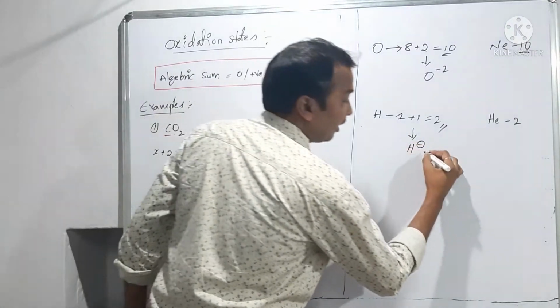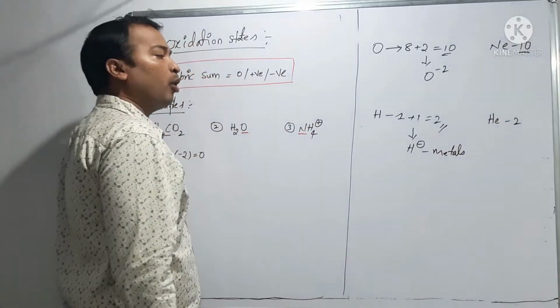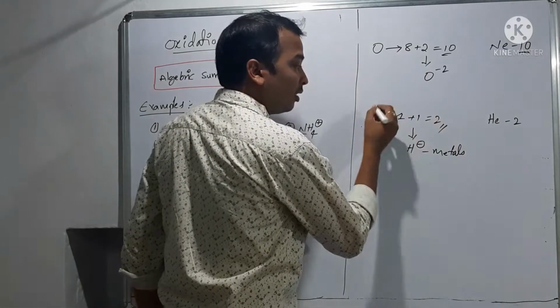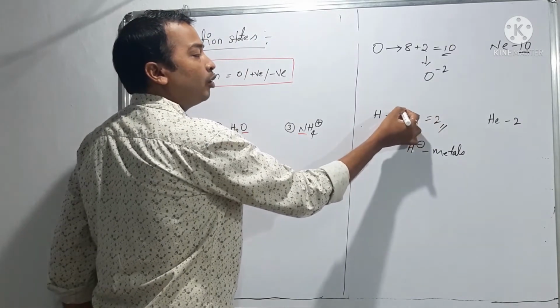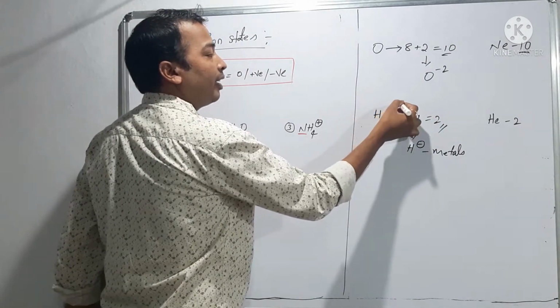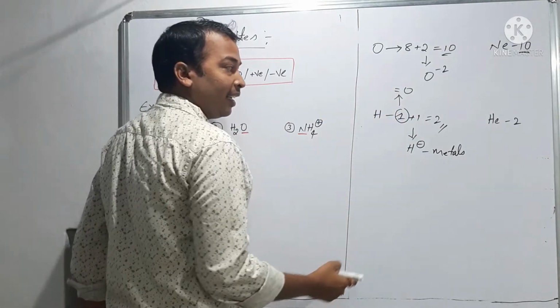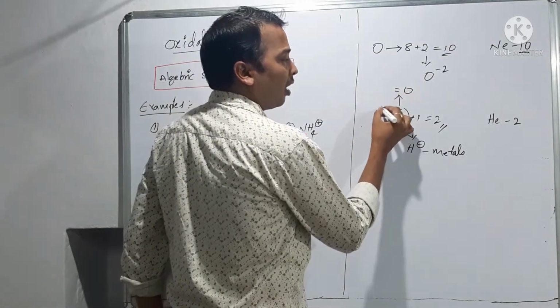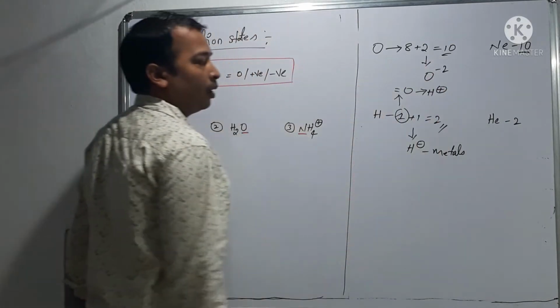This happens with metals, but more frequently with non-metals, instead of gaining an electron, it loses its single electron and goes to 0. In that case, by losing that electron, hydrogen is converted to an H plus ion.